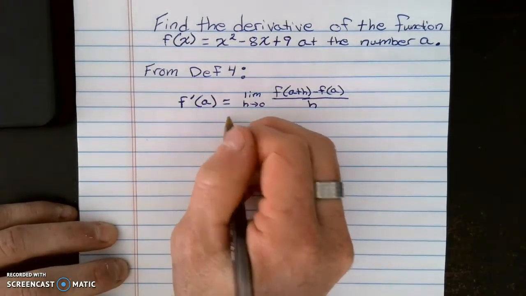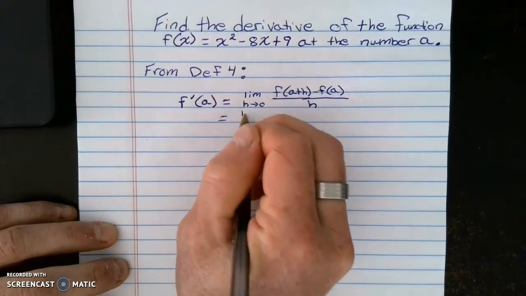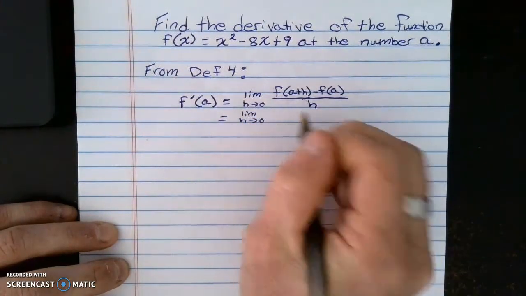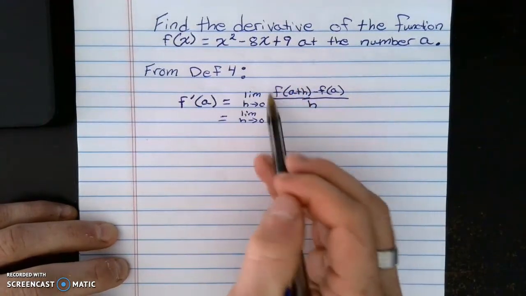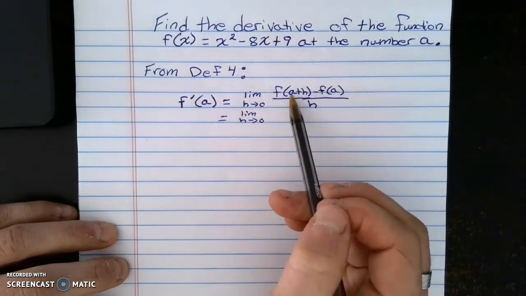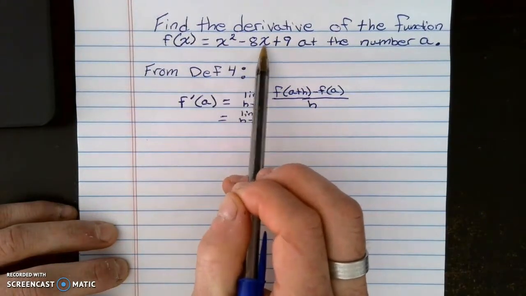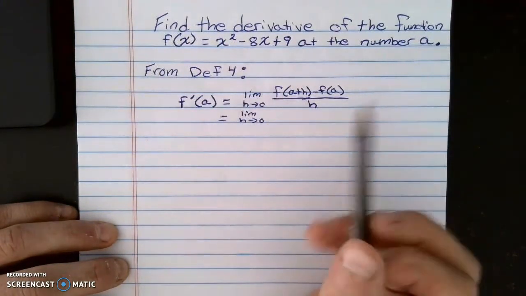So to calculate this, we can say that the limit as h approaches 0 is going to equal, now first, in order for me to calculate f of a plus h, I need to take a plus h and plug it in for x in every place that it exists in the original function.